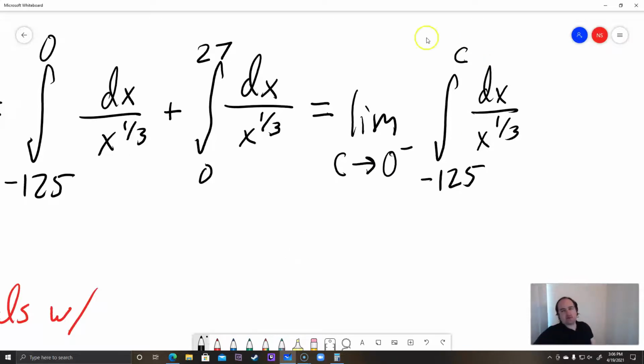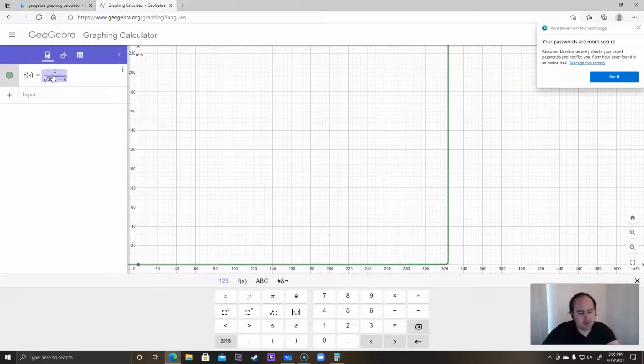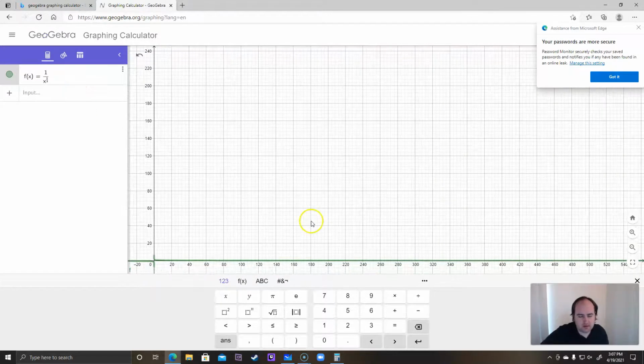Now the reason that one's from the left is, if it's your upper limit of integration, it's always going to be from the left. Whereas if it's your lower limit of integration that's undefined, then that's always going to be from the right. And that should be clear to you by looking at the graph. Here we have 1 over x to the 1/3, and if we graph it in GeoGebra, we get this.